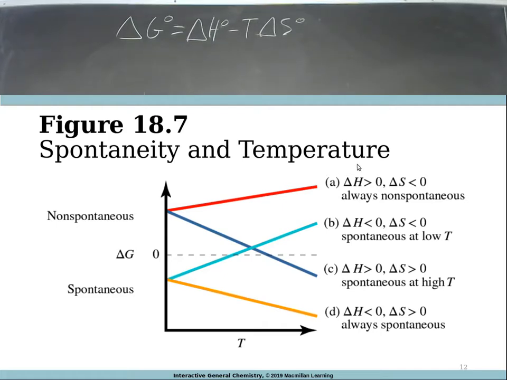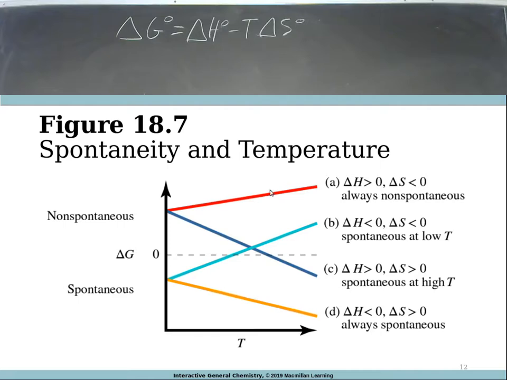If, for example, delta H is greater than 0, so that is an endothermic reaction, the delta S is less than 0, so this is a reaction that has products which are lower in entropy than reactants. We can actually call that an endergonic reaction, but we don't use that term often.